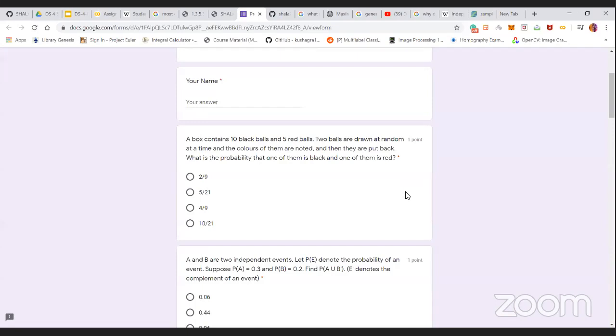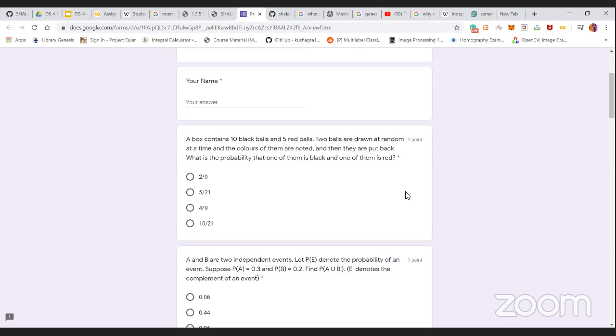So shouldn't the numerator be 10 times 5, and then the denominator 15 times 14? So it's like they are put back.